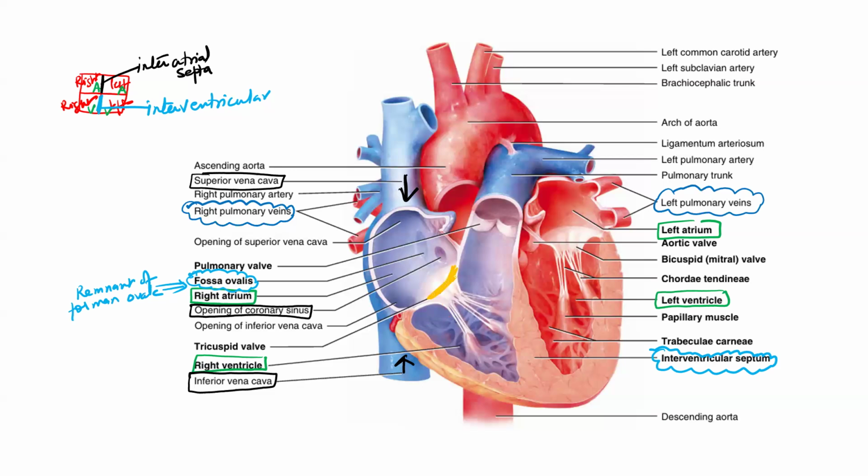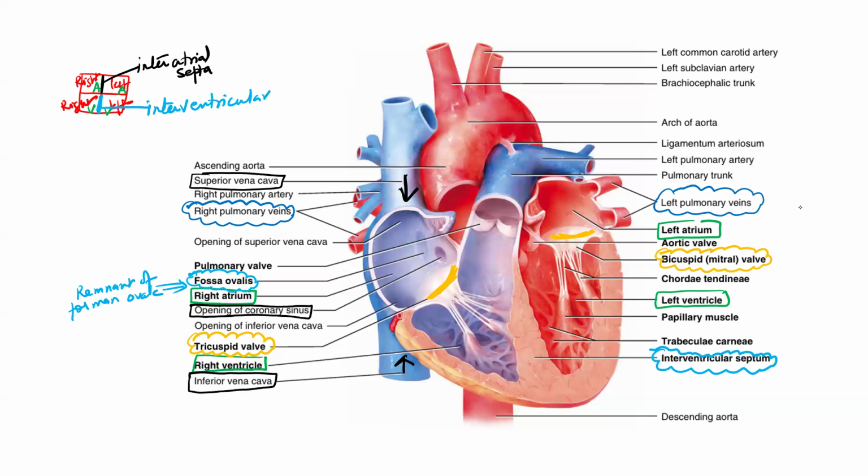Between the right atrium and right ventricle is the tricuspid valve, and between the left atrium and left ventricle is the bicuspid or mitral valve. Both are atrioventricular valves, which ensure unidirectional flow of blood, from atria only to ventricles.